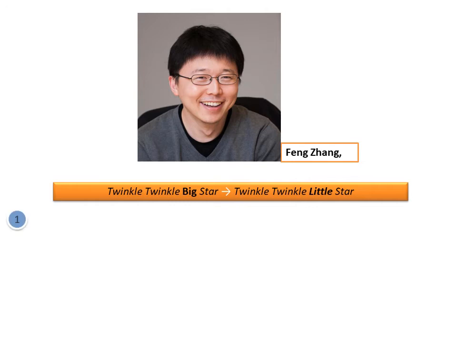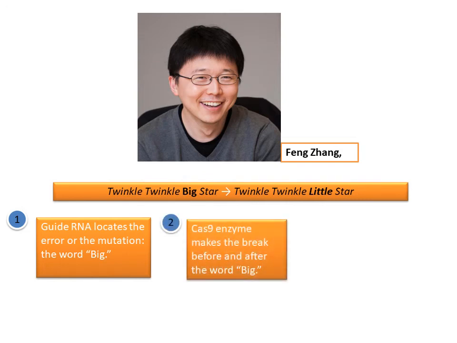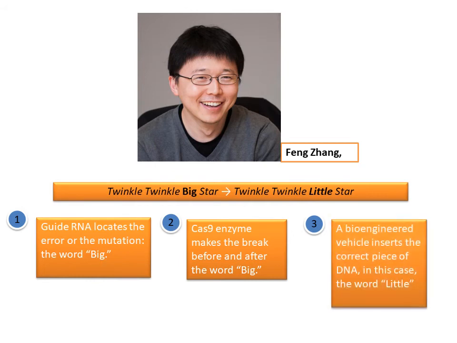So, in this process, in the first step, the guide RNA locates the error or the mutation, in this case the word big. Then, in the second step, the Cas9 enzyme makes the break before and after the word big. In the last step, a bioengineered vehicle inserts a correct piece of DNA, in this case the word little.